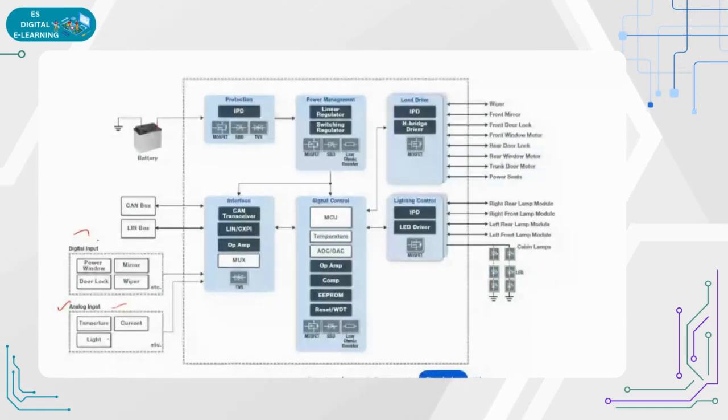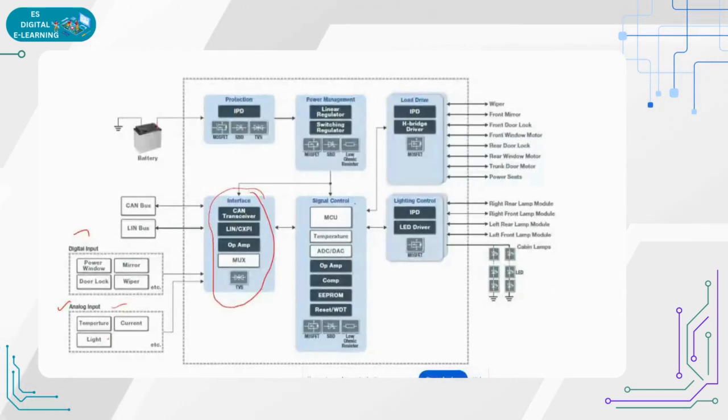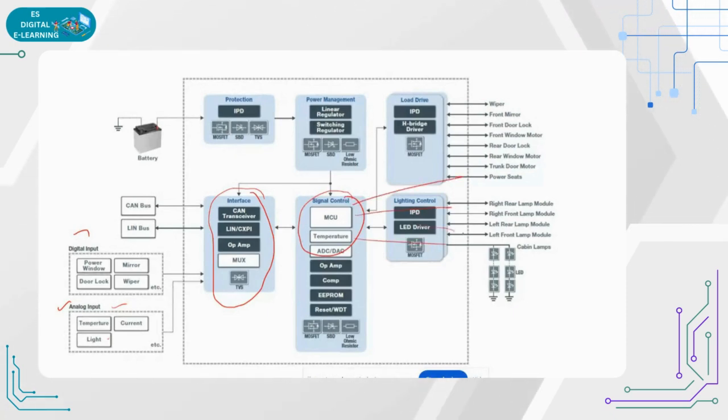Whatever digital or analog inputs we give are accessed by the microcontroller with the help of some protocols. That is the interface here. Once it takes the inputs, the output is given to the wiper motor, the mirror, or the doors.